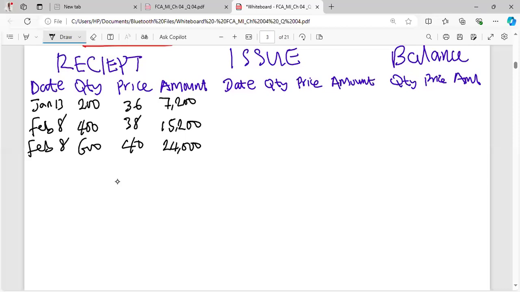And then we had an issue. So this is dash, dash, dash, dash. The issue was on February 10. Of course, I'm going to put dash here, and dash here. The same thing here.